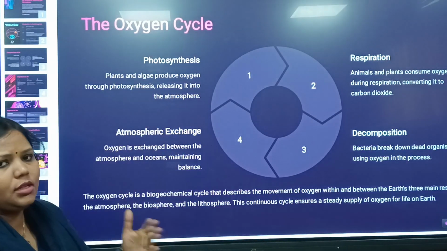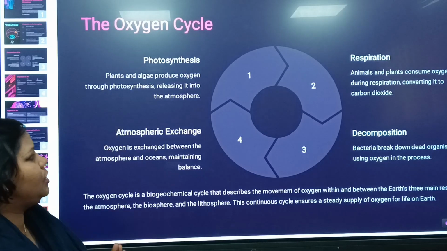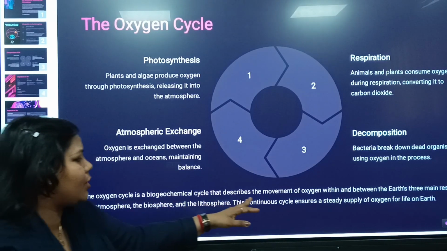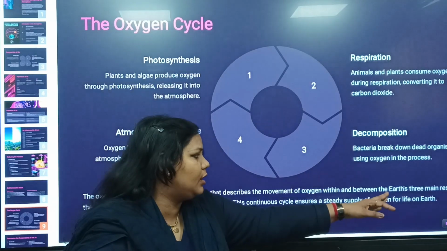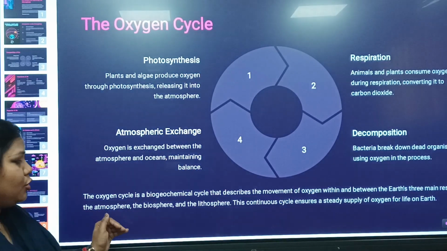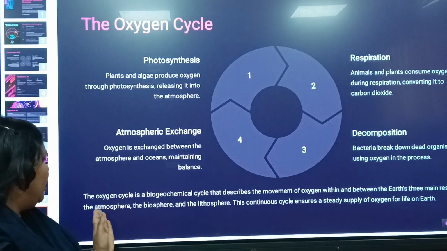This whole process comes under the oxygen cycle, which is a biogeochemical cycle that describes the movement of oxygen within and between the earth's three main reservoirs: atmosphere, biosphere and lithosphere.